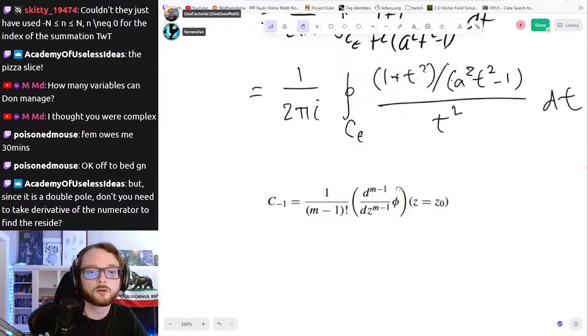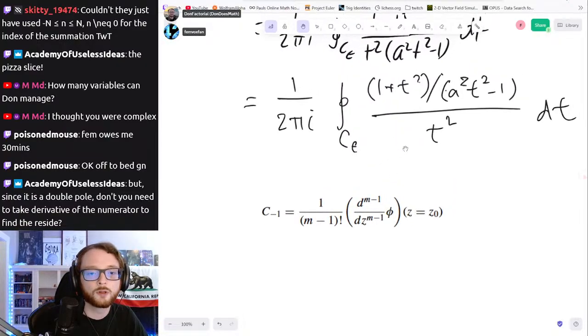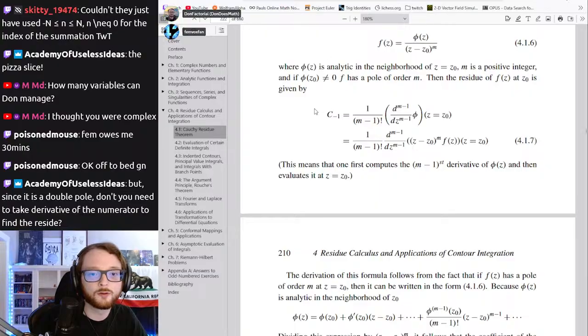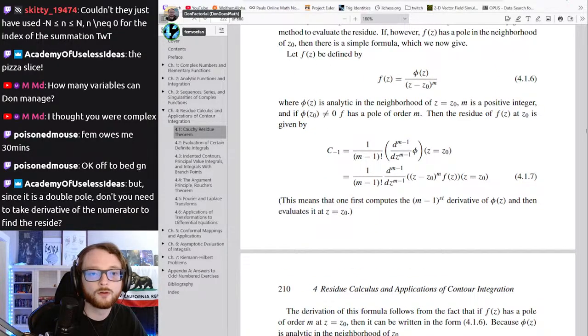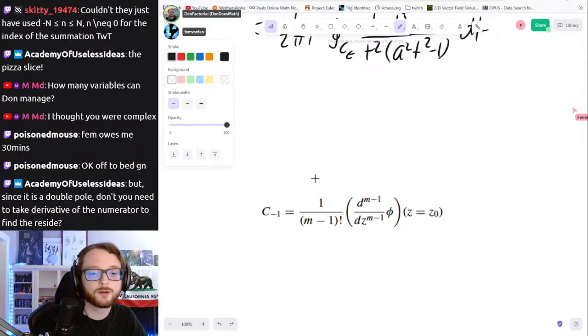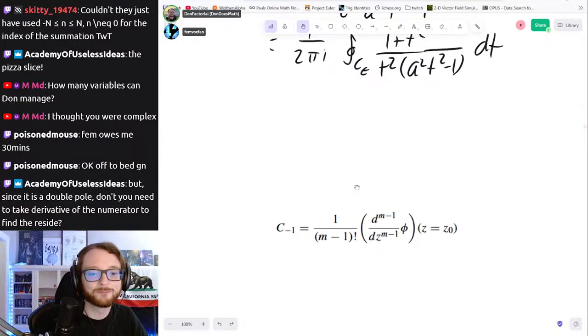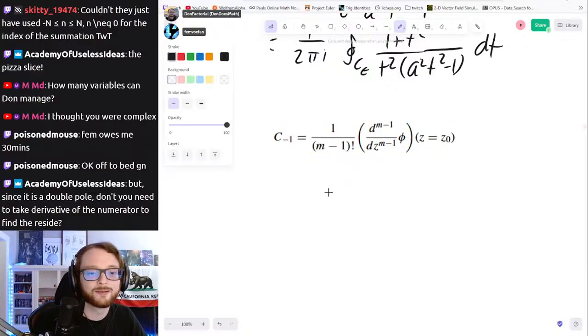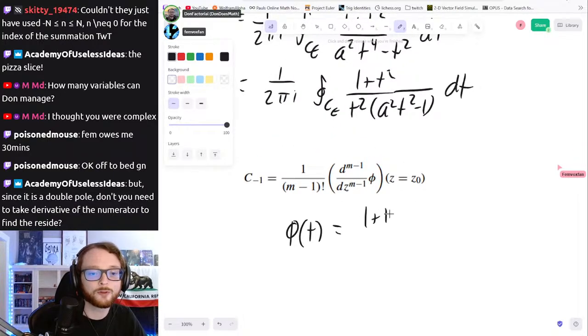Yeah, but we still have to include the a squared t squared minus 1, I think. Okay, I'm going to erase what I wrote here because I'm not too convinced of that. I don't think it was wrong, but it might not be going the right way. I think phi is 1 plus t squared over a squared t squared minus 1.